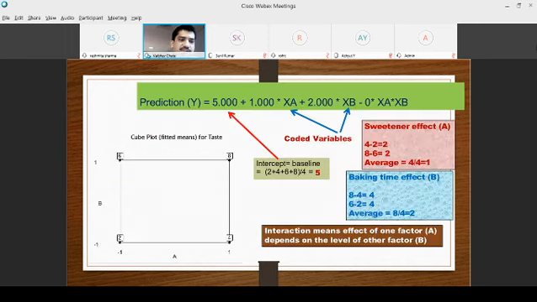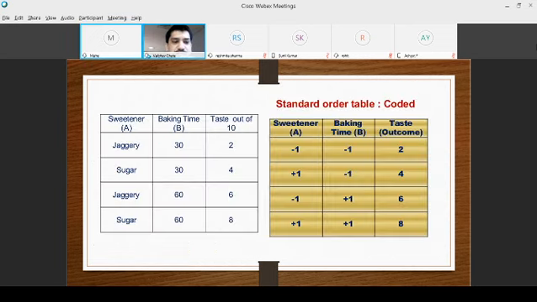So in this case, as we go for baking time, that is from 30 to 60 minutes, there is a substantial increase in the taste, irrespective of the sweetener used, either jaggery or sugar. Let me take the example. Earlier in the first row, we have taste, how much is the value? 2.